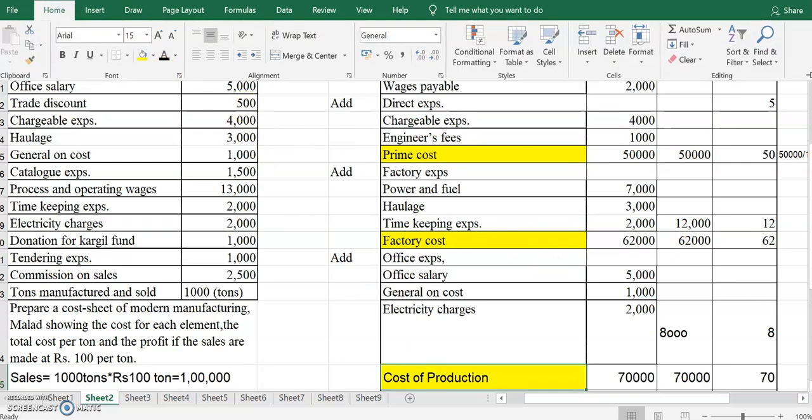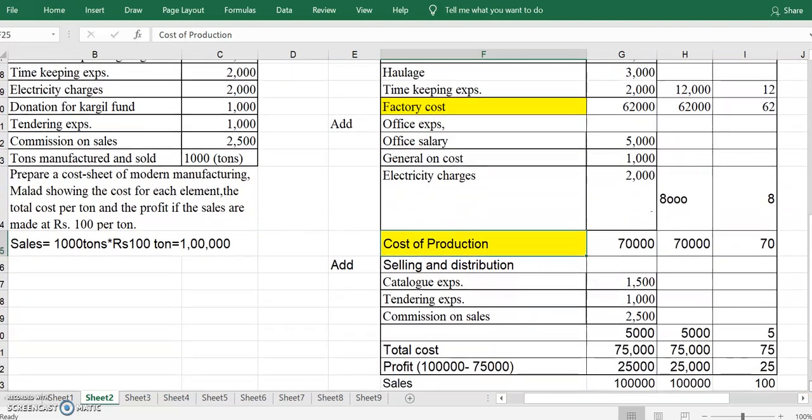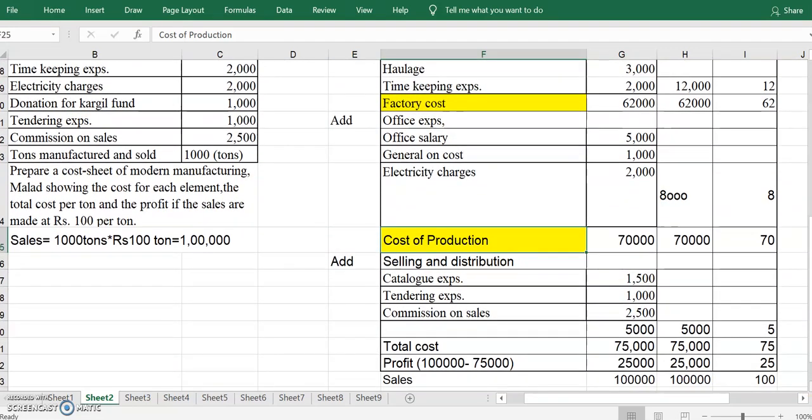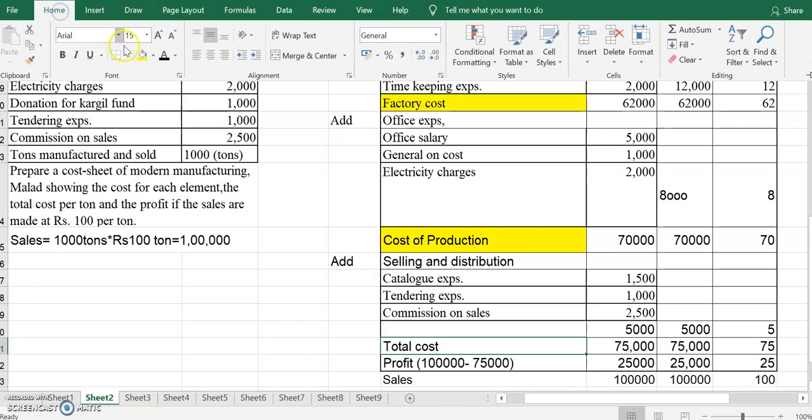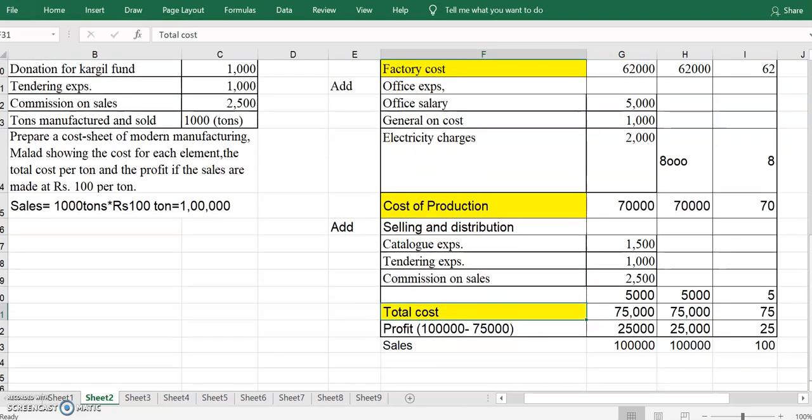Next, cost of production plus selling and distribution expenses gives you total cost. Total cost plus profit is equal to sale. If the sale is provided, you can easily find the profit by subtracting 75,000 from 1 lakh.